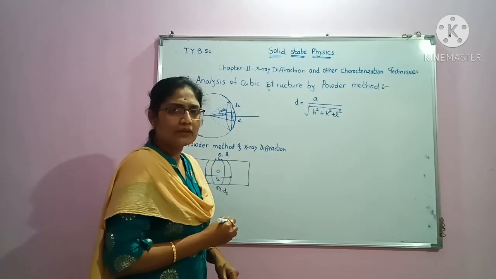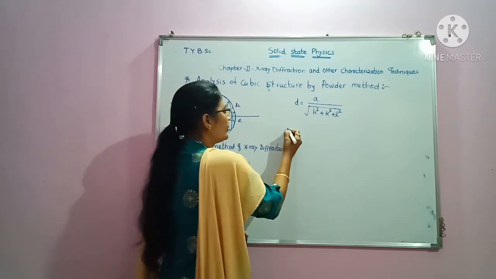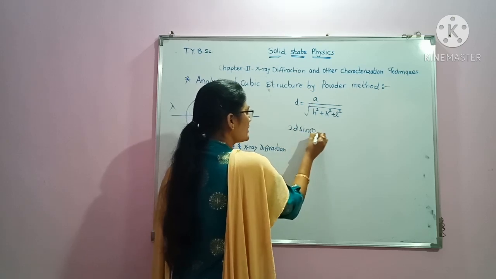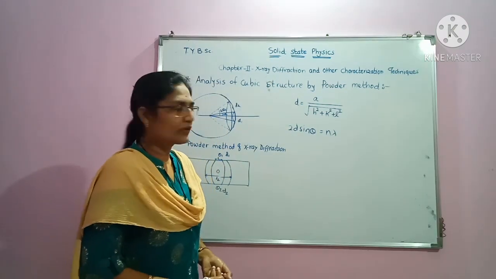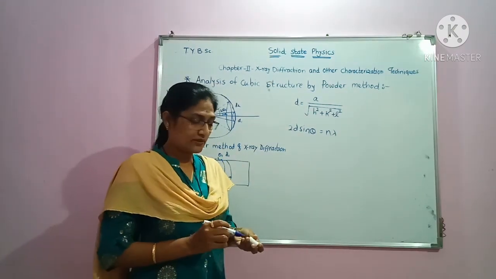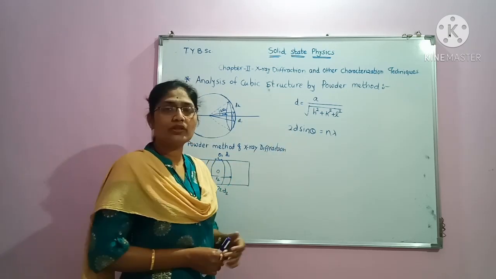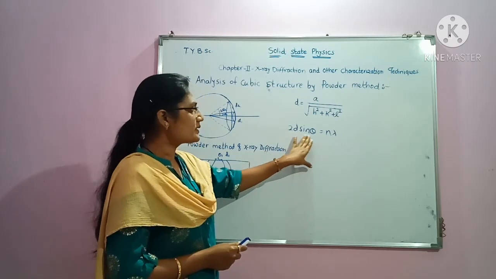Also we know that we have studied Bragg's law, and we have defined Bragg's law as 2d sin theta is equal to n lambda. What is Bragg's law? The reflected X-rays will be in phase when the path difference between them is an integral multiple of lambda, and hence this is Bragg's law.